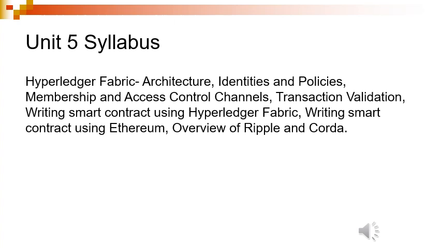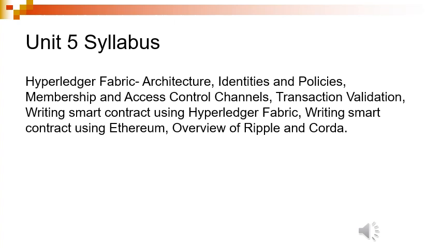The role of the membership service provider is to provide the e-certificates to the clients, and if a client has the e-certificate, then that client can join the Hyperledger blockchain, or any channel in Hyperledger Fabric. There can be different kinds of channels. Different groups of people can form their own private channels, and if the channels want to communicate among themselves, then channels can communicate.